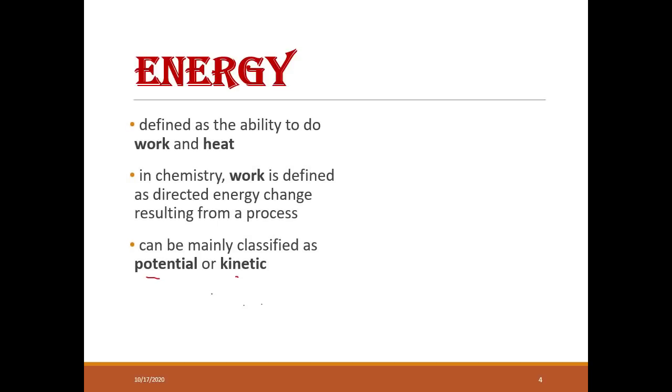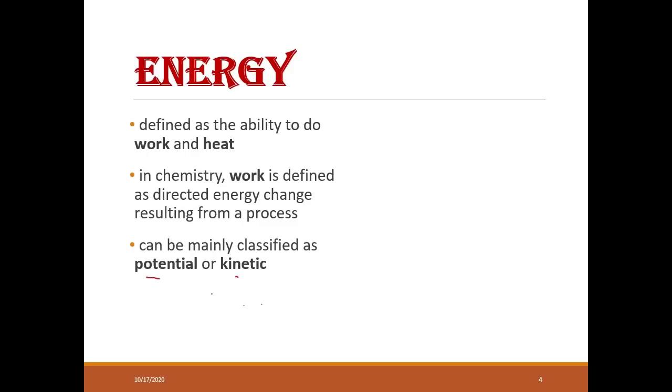Energy is defined as the ability to do work and heat. In chemistry, work is defined as directed energy change resulting from a process. Energy can be mainly classified as potential or kinetic. An object that is moving has kinetic energy and can do work.